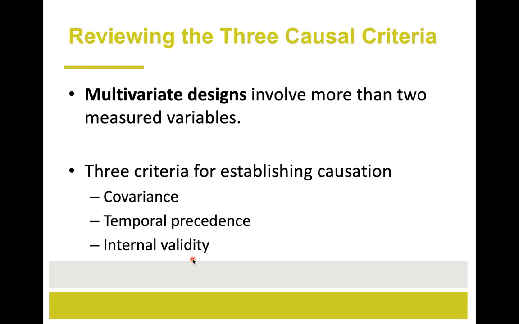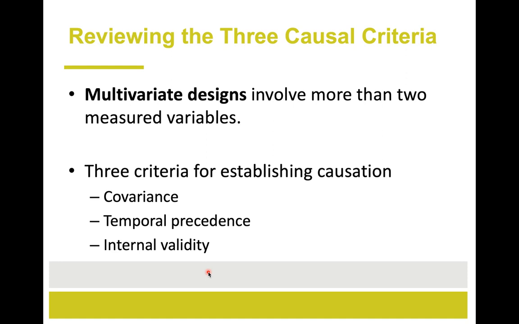Meaning, if we claim that A causes B, is it possible that another variable C is actually doing the causing, right? If we just measure A and B, then it's always possible that C is impacting our experiment and we just don't know about it.